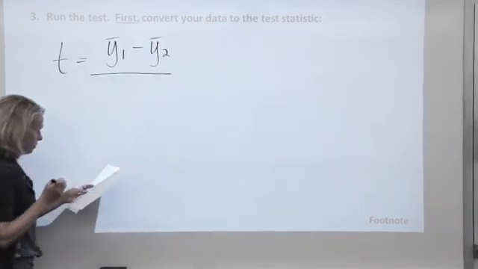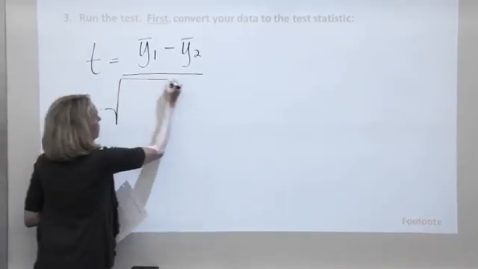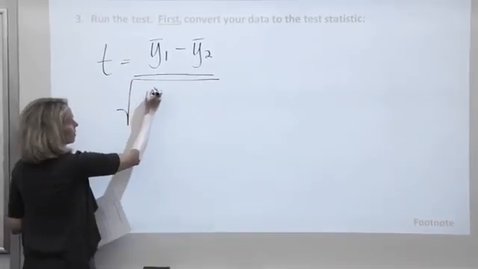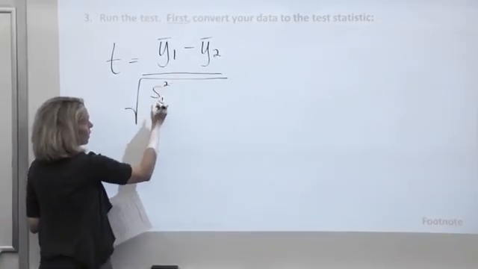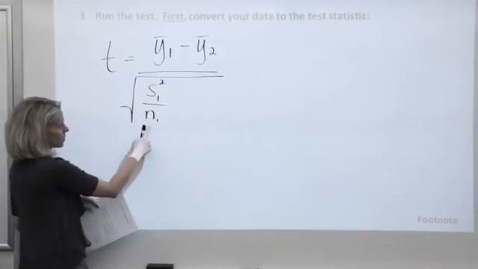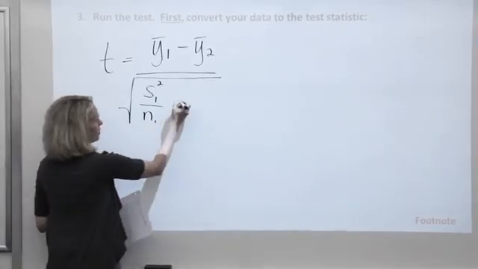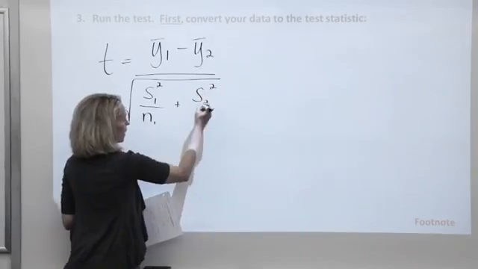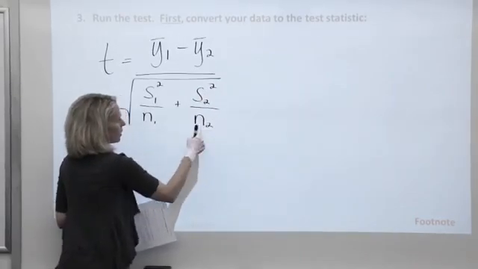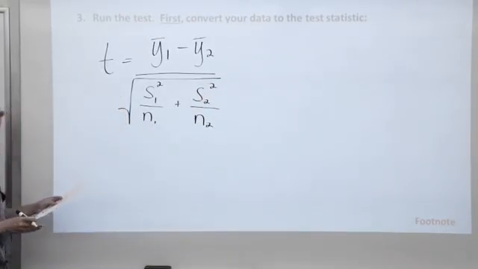And then we'll divide that by a big square root, where we take the standard deviation for the first sample, square that, divide by the sample size of the first group, and then add that to the standard deviation of the second group. Again, that gets squared, and we divide by the sample size of the second sample.